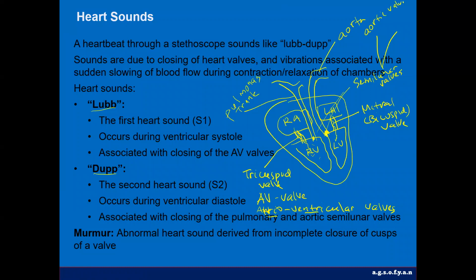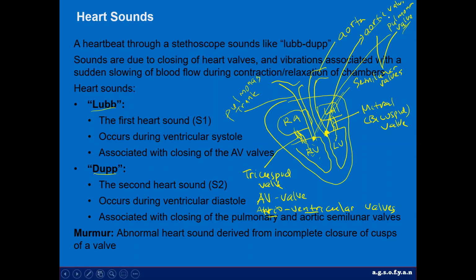The semilunar valve located between the right ventricle and pulmonary trunk is called the pulmonary valve. The name is actually the same as the name of the blood vessel. Between the aorta and left ventricle is the aortic valve. Between the pulmonary trunk and right ventricle is the pulmonary valve.